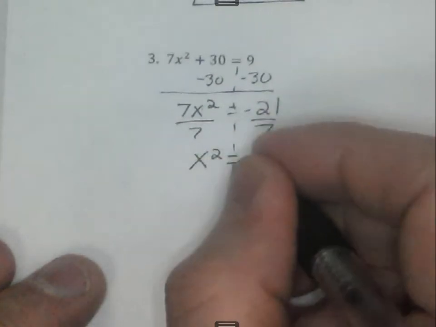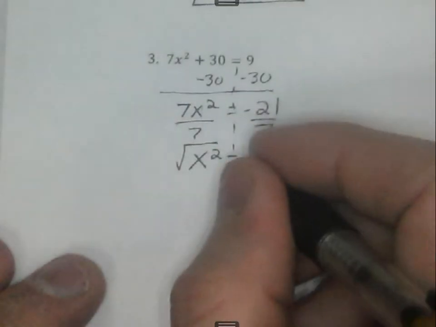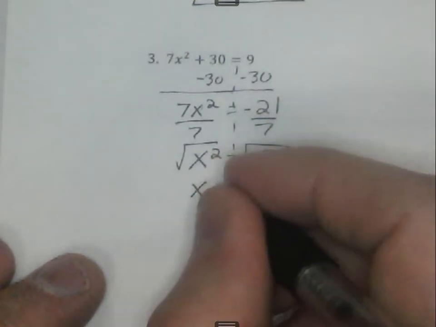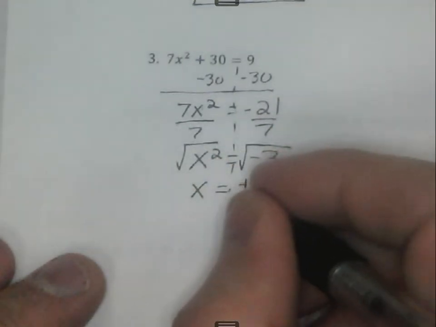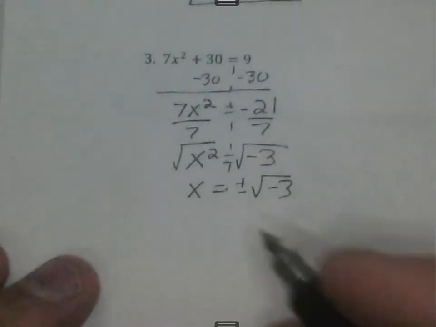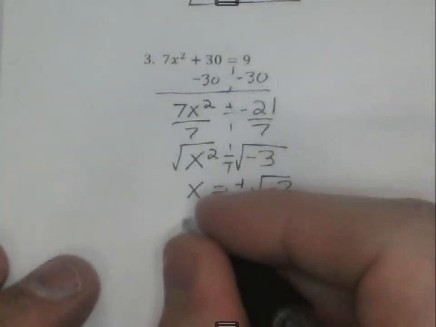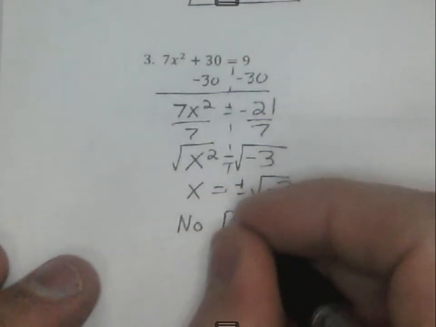X squared equals negative 3. We want to take the square root of both sides, and we get x equals plus or minus the square root of negative 3. And we know that for this right here, we can't take the square root of a negative number, so our answer is going to be no real solutions.